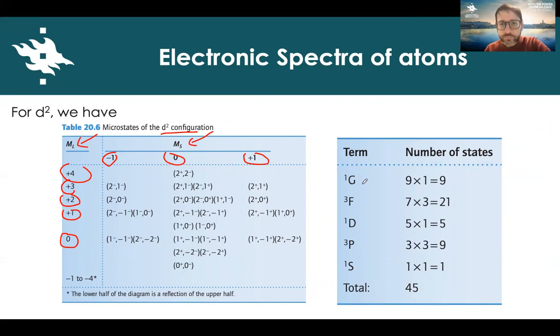And for each one of the terms of this d2 configuration, we can see the number of microstates that each term has. All right, so for example, the singlet S comprises only one microstate, while the triplet F comprises 21 microstates.